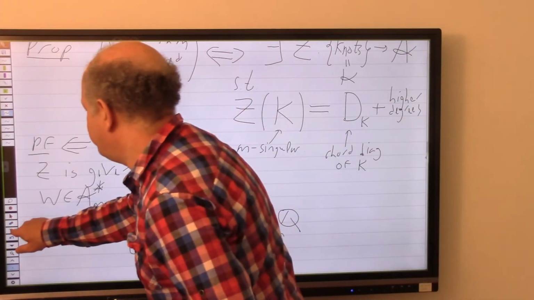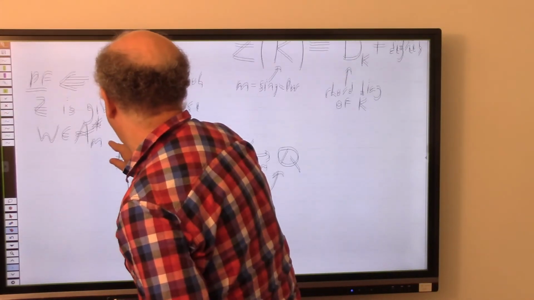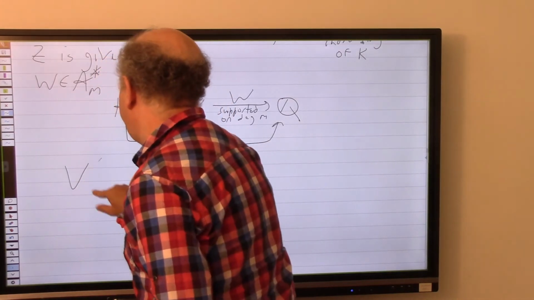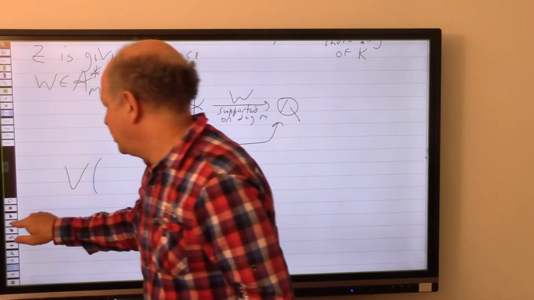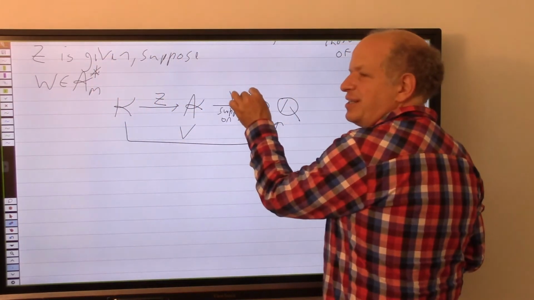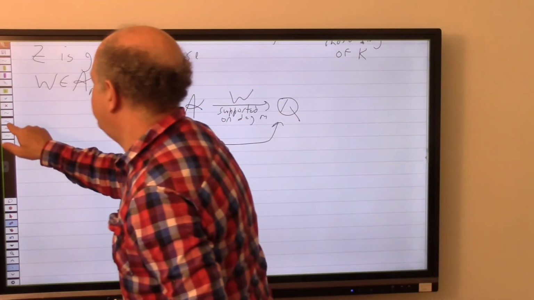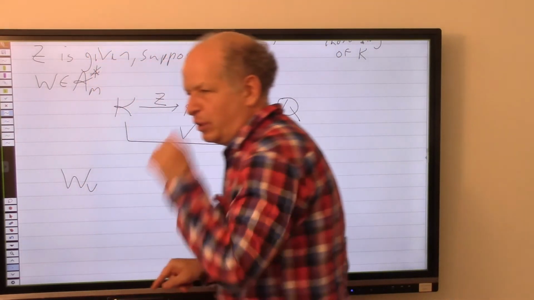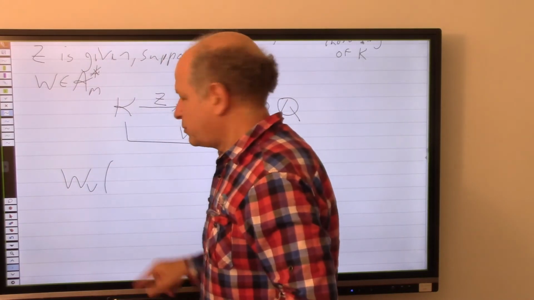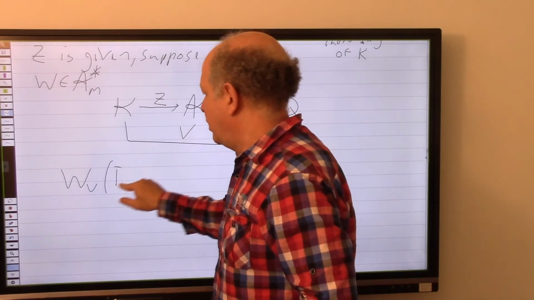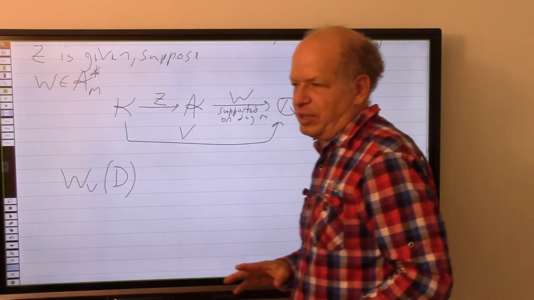So let's compute, not V, right? I want to show that the weight system of V is W. So I want to compute the weight system of V on a chord diagram D.